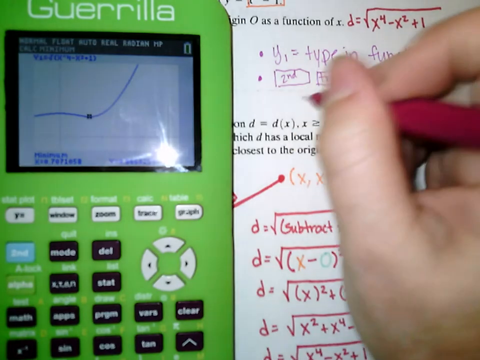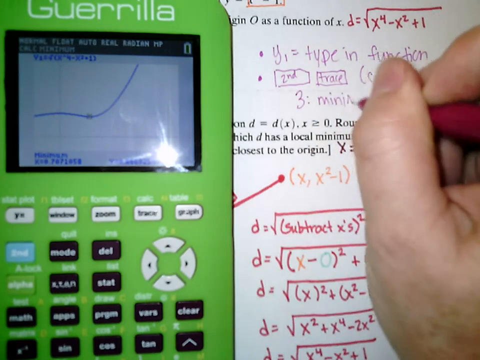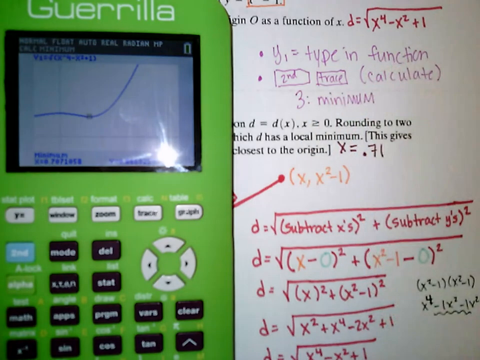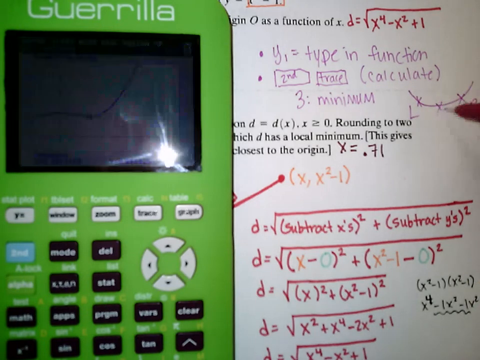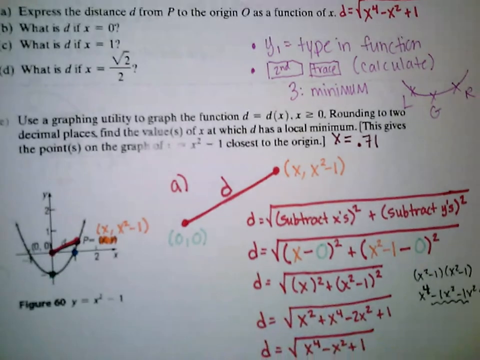And then we chose number 3, which was minimum. And then we had to do left, right, guess. And it gave us that ordered pair, x equals, y equals, and then we chose the x value to answer our question.